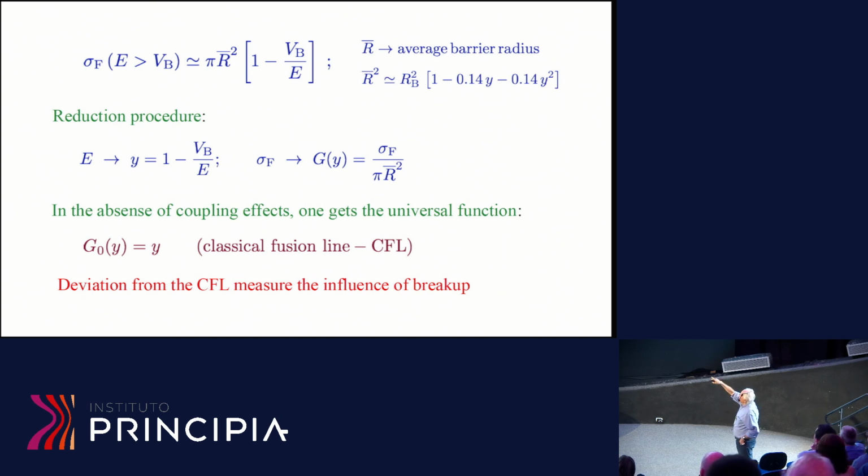Well, the reduction procedure, if you look at the expression up there, you see that the quantity within the square bracket is what we take as the reduced energy. It's 1 minus V_B over E. And if we divide the cross-section by pi times R effective squared, one gets this universal function, which is simply a straight line with angular coefficient equal to 1.